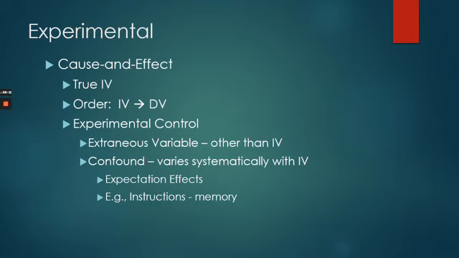Because of that sequence, there's cause and effect. Also in experiments, we want to make sure we have experimental controls, so the only thing differing is the color. So you want to train your researchers. The researcher should not act differently whether you're seeing red or blue.